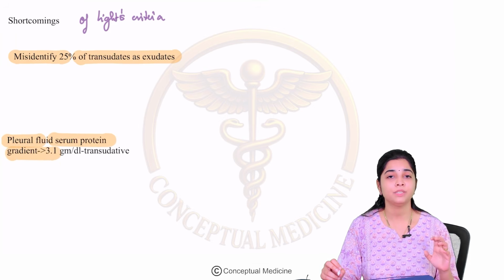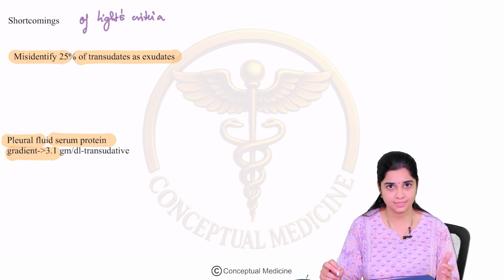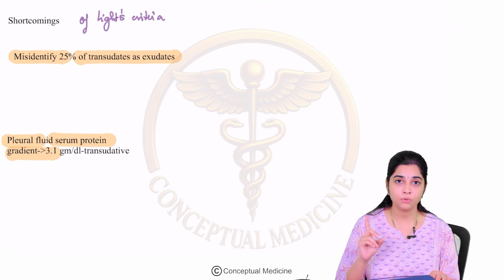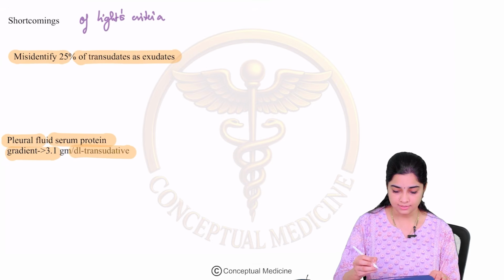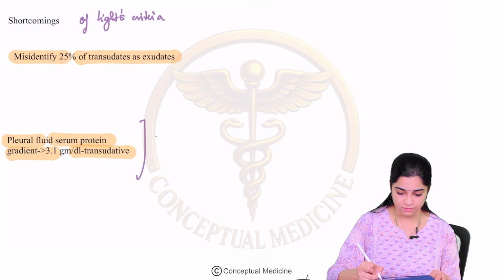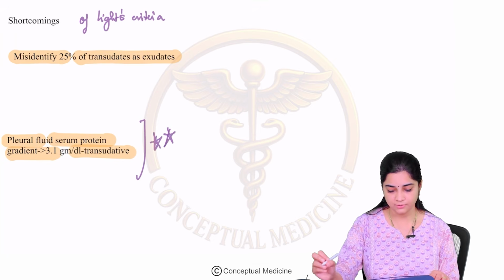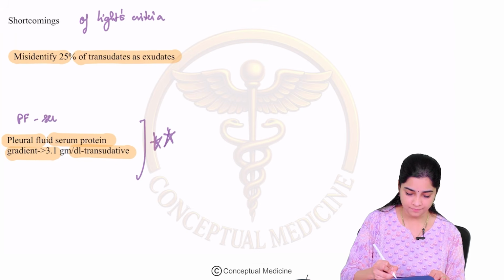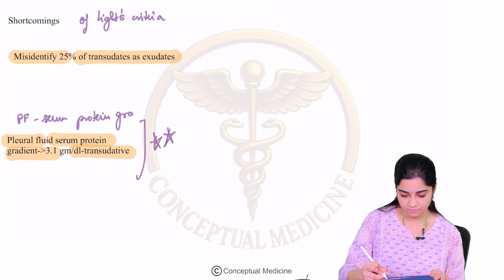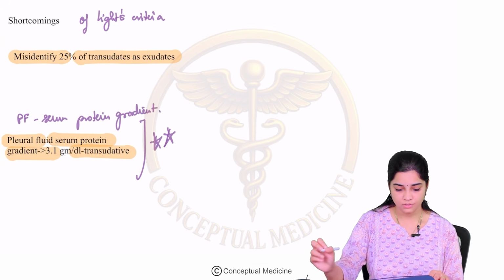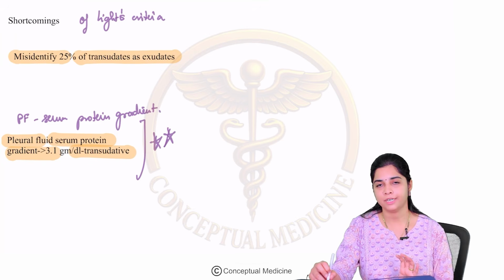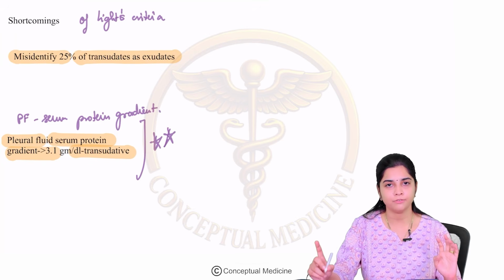Similar to the serum ascites albumin gradient or the SAAG, we have the pleural fluid serum protein gradient. If it is more than 3.1, then this is a transudative effusion. So this is the role of the pleural fluid serum protein gradient in identifying which exactly is a transudative effusion.